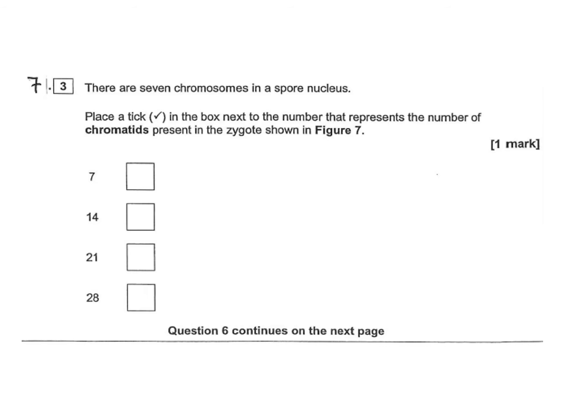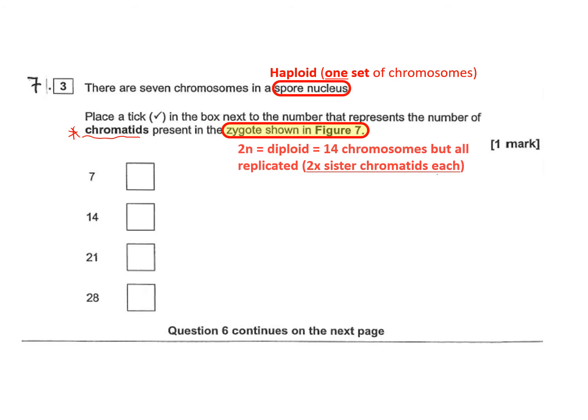So the first question says there's 7 chromosomes in a spore nucleus. So we know the spore nucleus is haploid. And it says place a tick in the box next to the number that represents the number of chromatids present in the zygote shown in figure 7. So it's talking about the number of chromatids. So that's really, really important. Now, if you look at the zygote in figure 7, we know it's diploid.